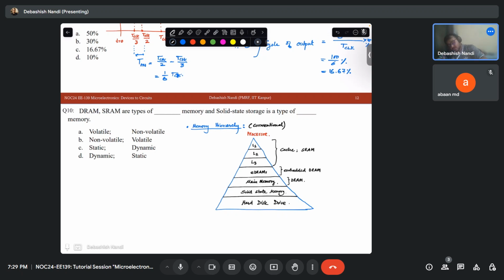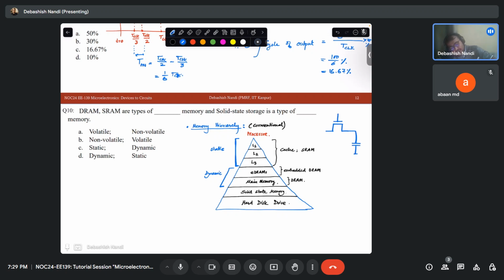So this portion is static, okay? And these two are dynamic. Dynamic means it needs refreshing. That means your DRAM will be something like this, okay?